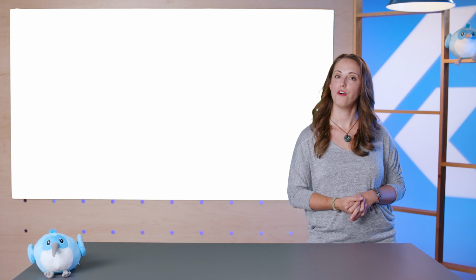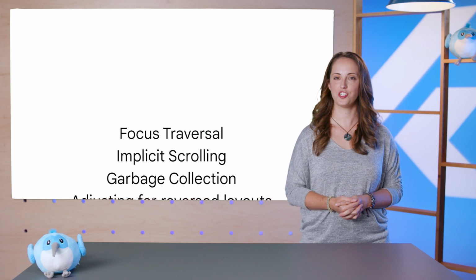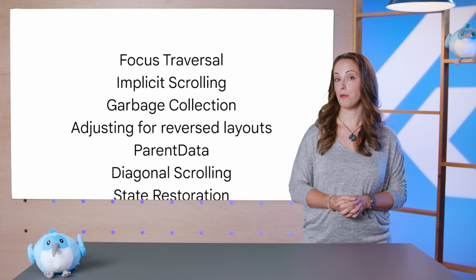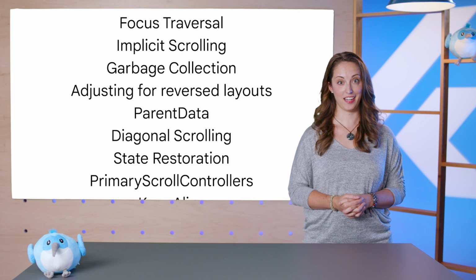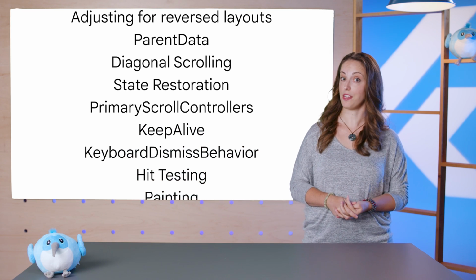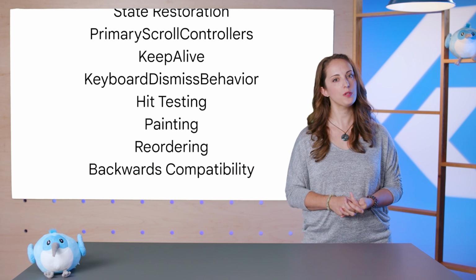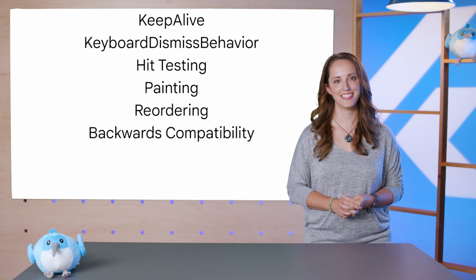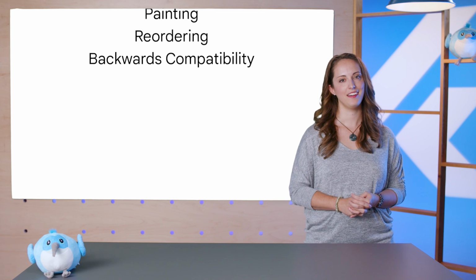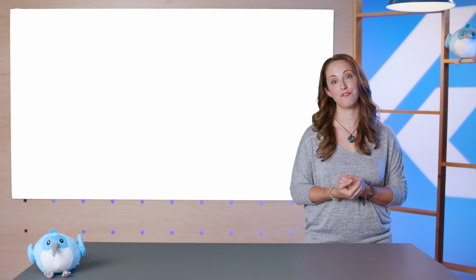It handles focus traversal, implicit scrolling, garbage collection, adjusting the layout offsets for one or both reversed axes, setting up parent data, multiple modes of diagonal scrolling, or locking axes if that's what you would prefer, state restoration, primary scroll controllers, keep alives, keyboard dismiss behavior, hit testing, painting children, reordering children, and finally, backwards compatibility with existing scrolling conventions in the framework.